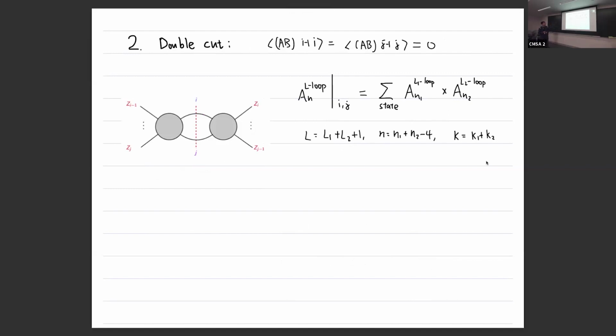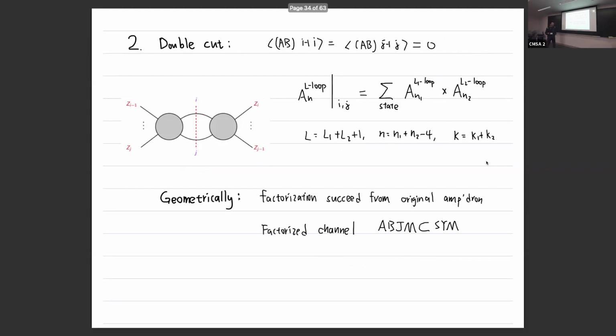And for the double cut, this cut will equal the product of the 2 amplitudes, satisfying this condition. In the geometry, this factorization actually descends from the original amplitude. The only difference is that the factorization channels of ABJM are fewer than in super Yang-Mills.